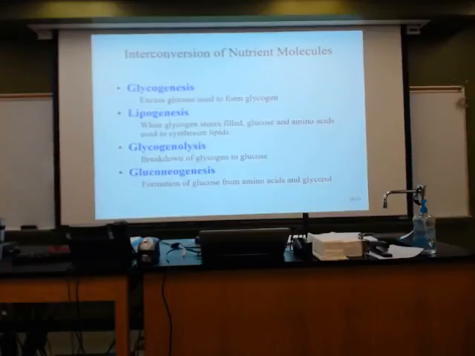Now, as we look at the molecules that we take in as foodstuffs, the sugars, the lipids, the proteins, in our bodies, we don't normally think about our bodies being able to make a glucose, to make a lipid.